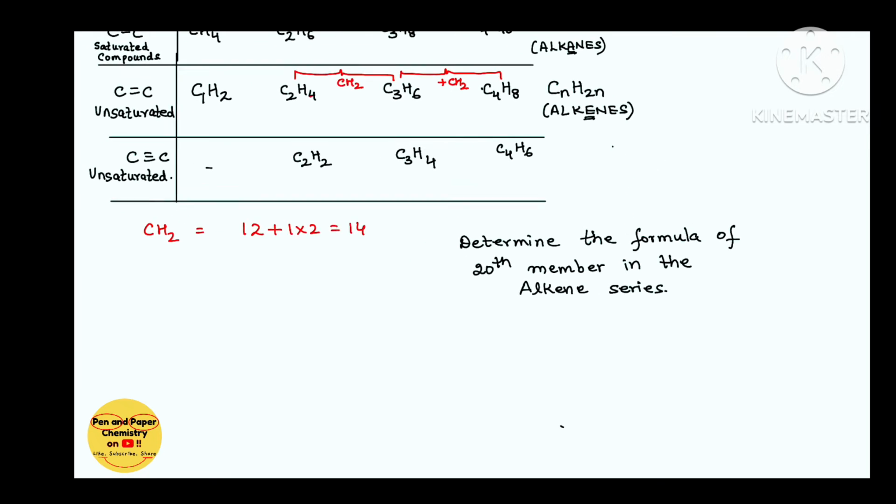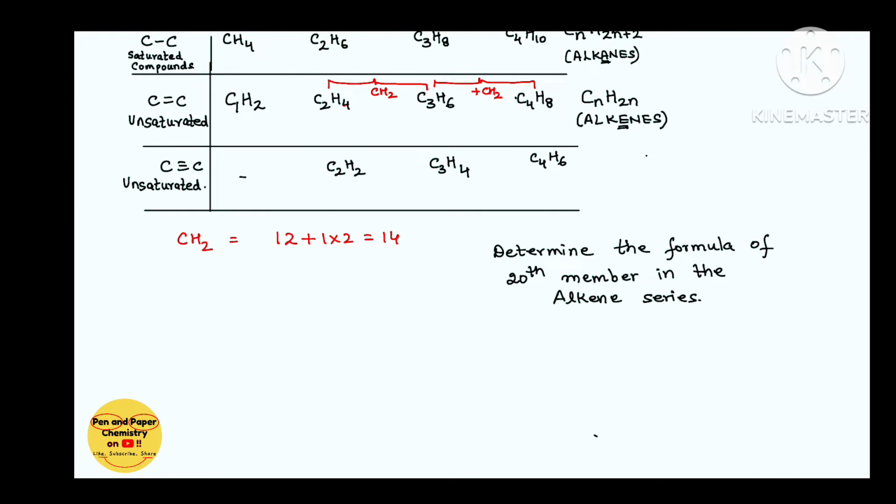See, apply logic. Your first member is not having one carbon atom. The first member is having how many? Two carbon atoms. Second member is having three. Third member is having four. Sixth member will have seven carbon atoms.